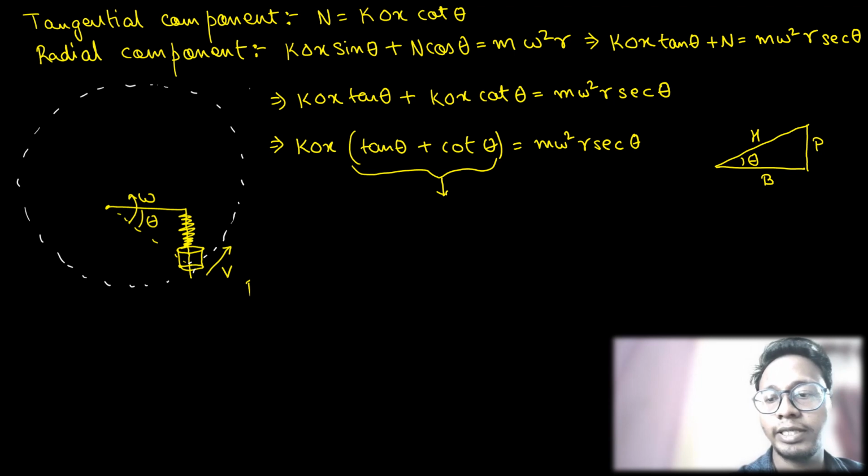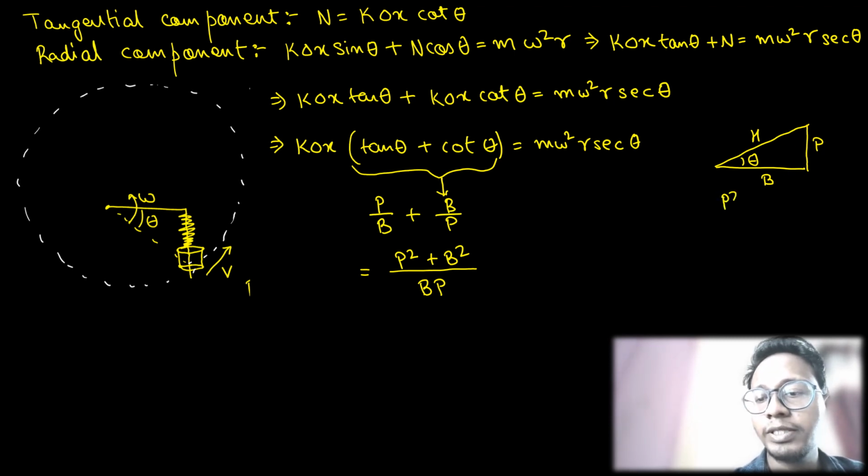Tan theta plus cot theta, what is tan theta? Tan theta is nothing but perpendicular by base. And what is cot theta? Base by perpendicular. So if you take the LCM, the numerator is nothing but perpendicular square plus base square, and what is perpendicular square plus base square? From Pythagoras theorem, it's hypotenuse square.